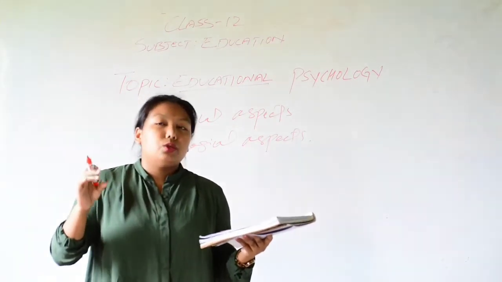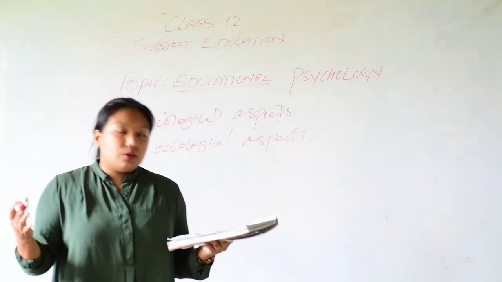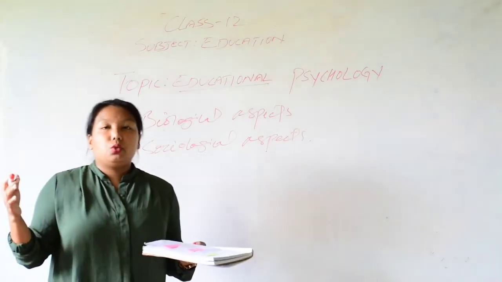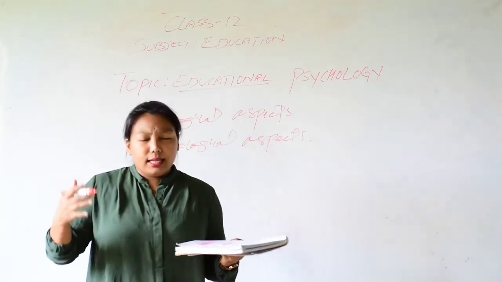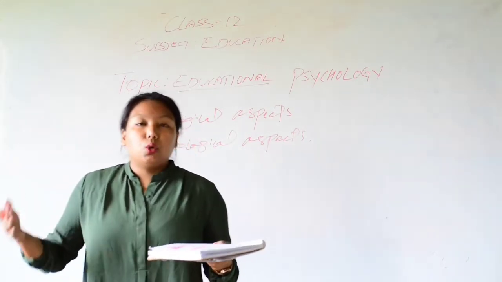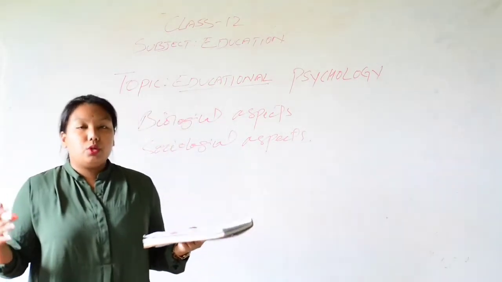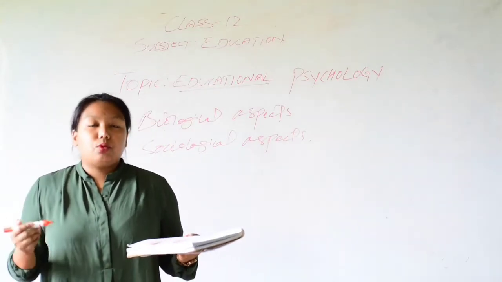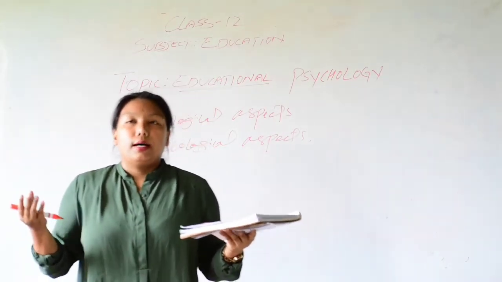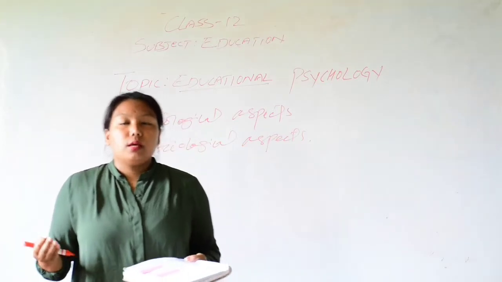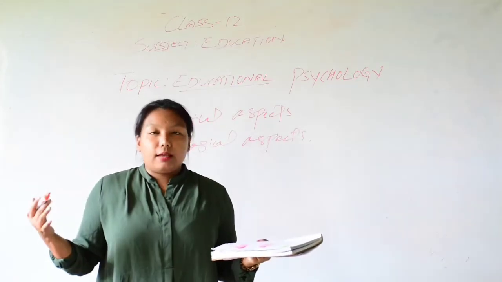But education is divided into two concepts, that is the narrow concept and the broader concept, or the narrow sense and the broader sense. So in the narrow sense, education refers to the formal kind of education where everything is pre-planned, like schools, colleges, or any other educational institutions. And the broader concept of education refers to all three processes of education, that is formal, non-formal, as well as informal, which includes lifelong learning throughout our life.